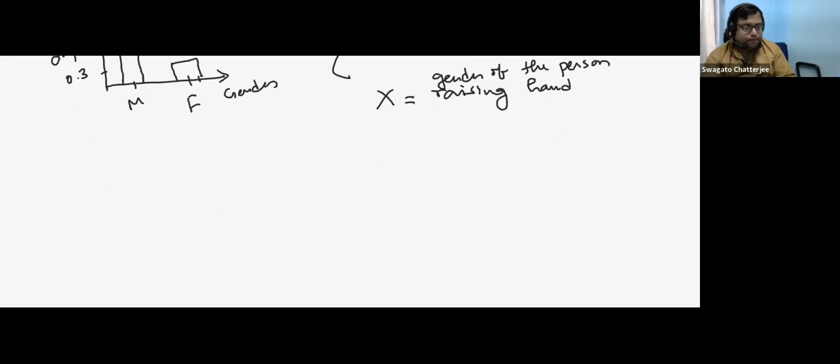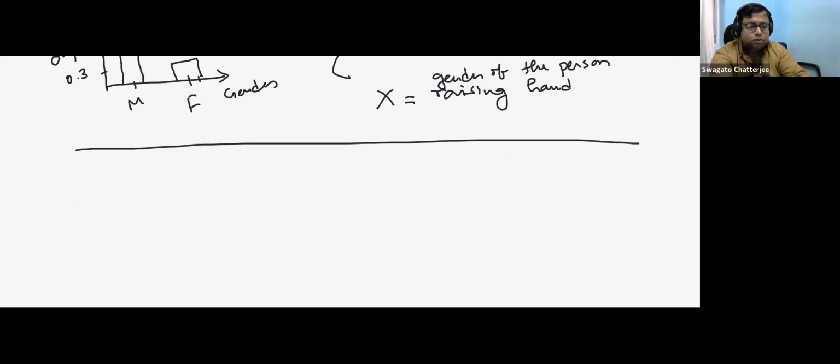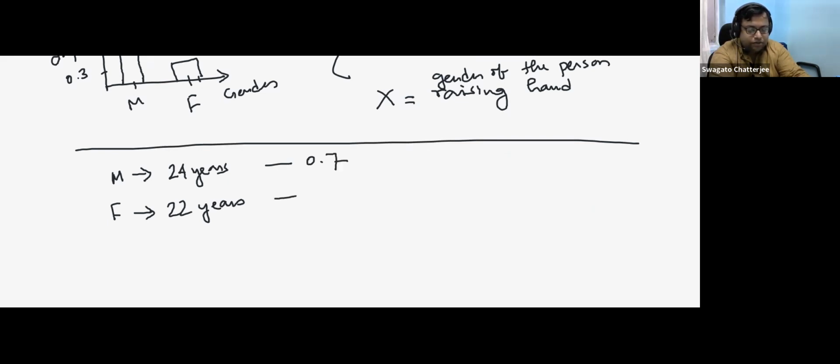For example, let's say men's age in this class averages 24 years, and women's age averages 22 years, and the weightage is the probability distribution, as I told, 0.7 and 0.3.